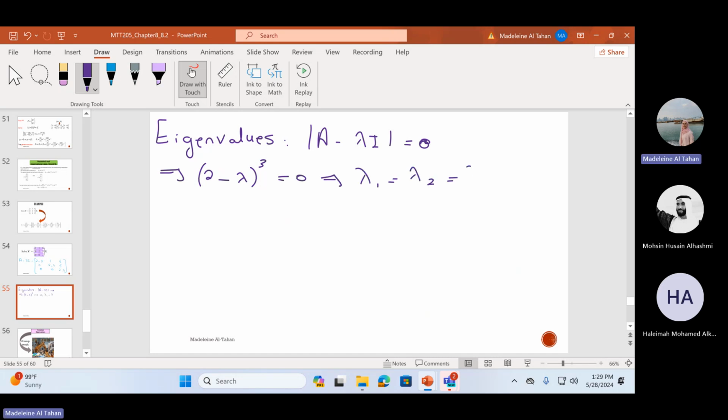Lambda equal to 2, how many times is it? The multiplicity is 3. We need to find the eigenvector now.